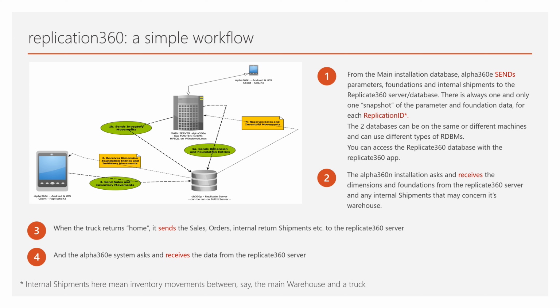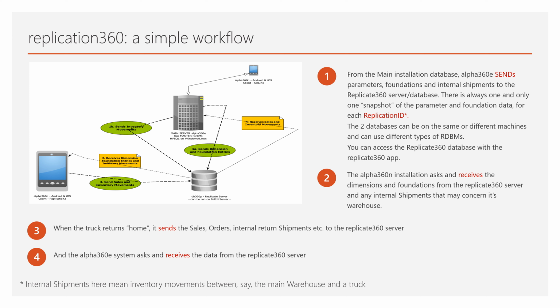So now, when we start the system, we first send a set or a snapshot of the parameters, the foundations, and internal shipments to the Replicate 360 server database. We use the alpha360e to do this with the help of web services.